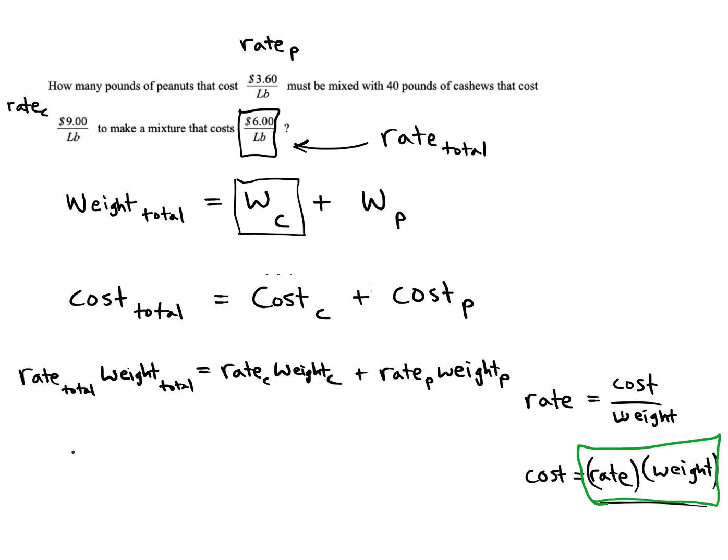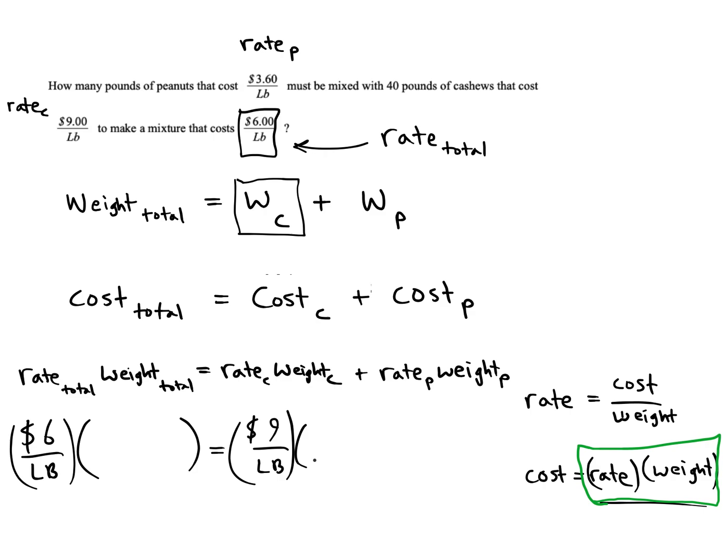So we can plug a lot of this in for the rate total. Let's just put in that $6 per pound. And we don't know what the weight total is yet. For our rate of the cashews, we can put in $9 per pound.